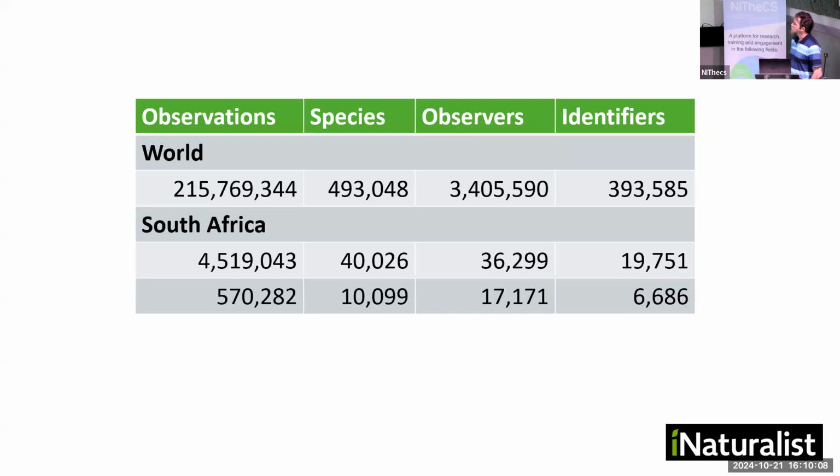Those observations were made by 3.4 million people, and almost 400,000 people were identifying and verifying that data. And if we compare South Africa, in terms of all biodiversity, we have so far 4.5 million observations covering 40,000 species.